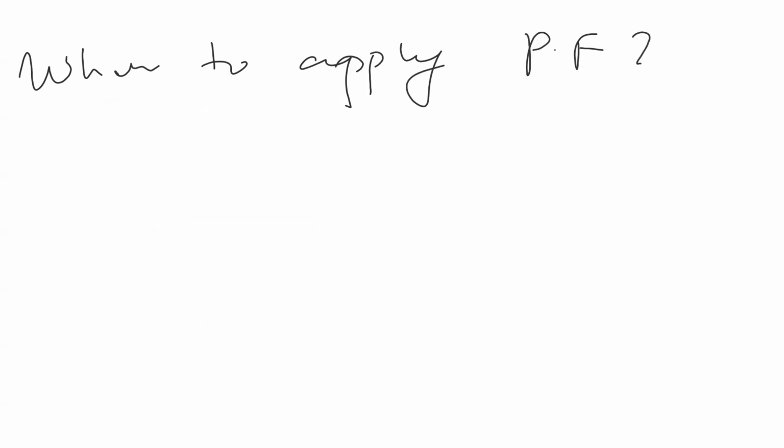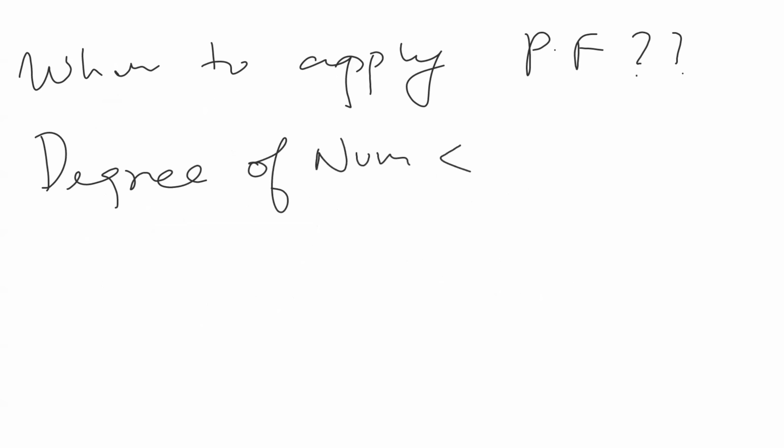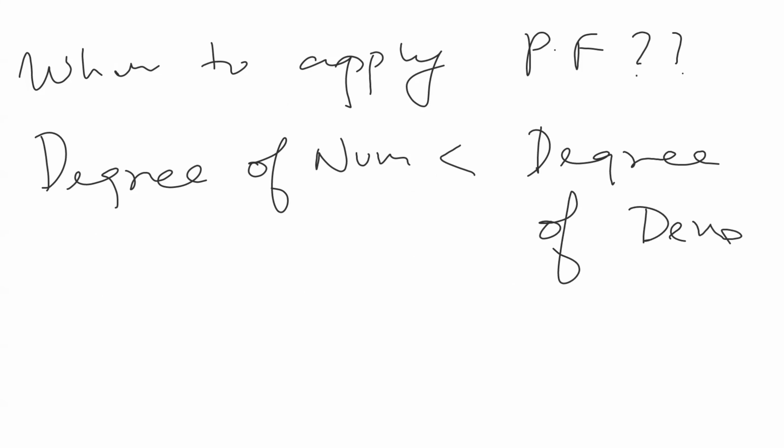Okay, now there is one rule of applying partial fractions. When to apply partial fractions? When the degree of numerator is less than degree of denominator, we apply partial fractions. Just a revision.